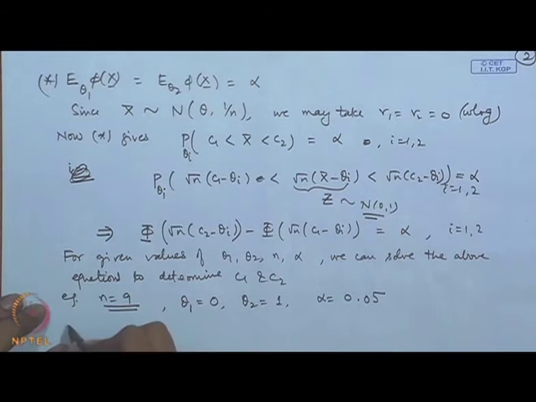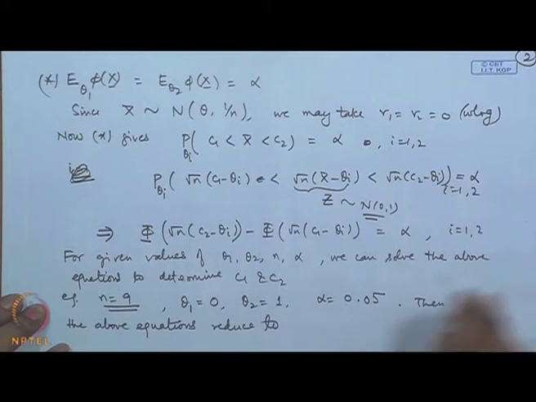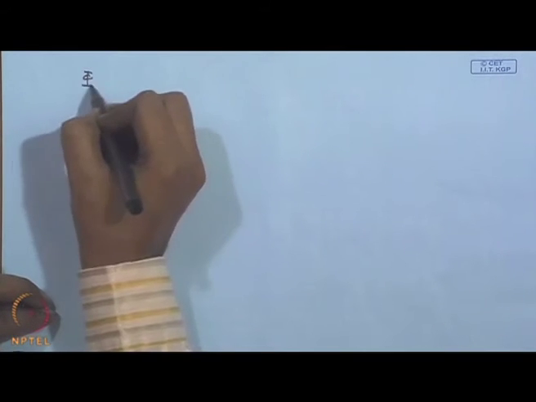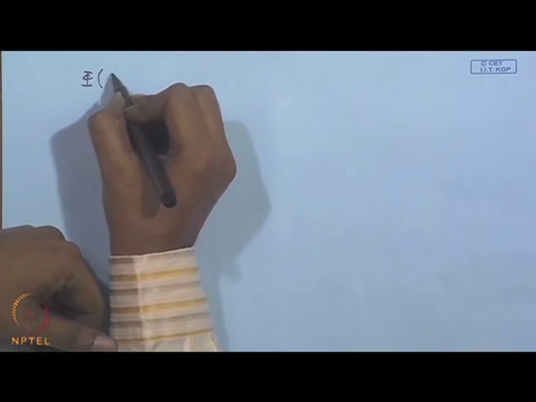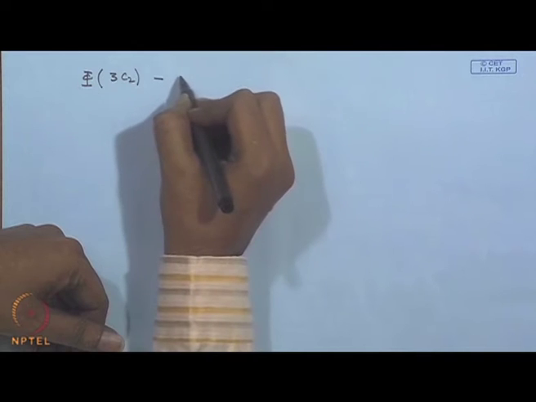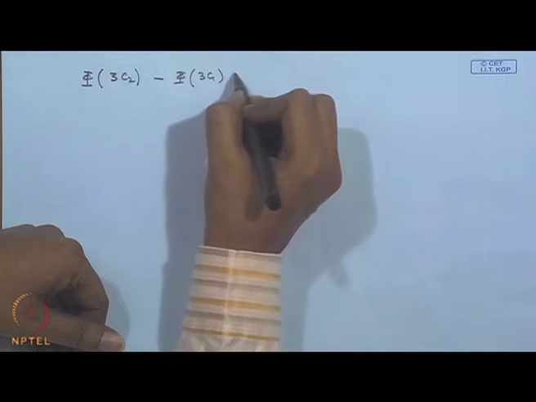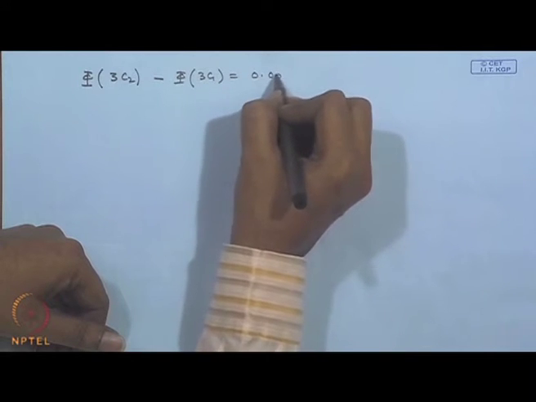Then what will be these equations? The above equations reduce to the following. Now root n is 3. Writing theta 1 equal to 0, the first equation becomes phi of 3 c2 minus phi of 3 c1 equal to 0.05.